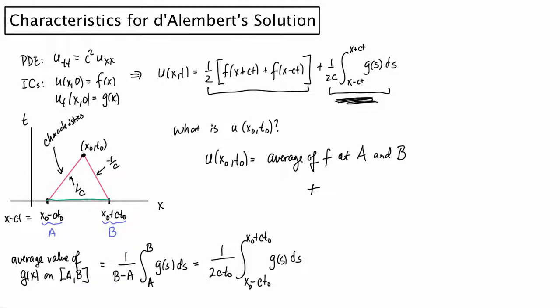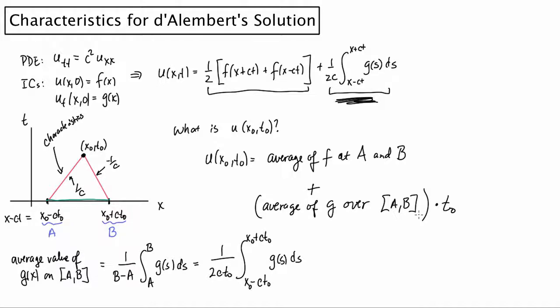And so what this is telling me is u of x naught t naught is the average of f at a and b plus the average of g over the interval from a to b. But it's not quite the same if you've got to multiply it by t naught. So it's this times t naught.